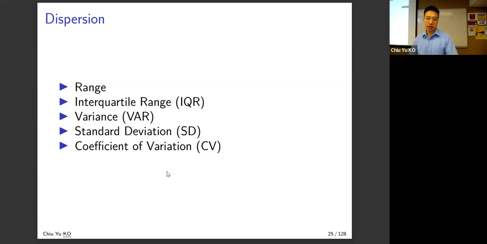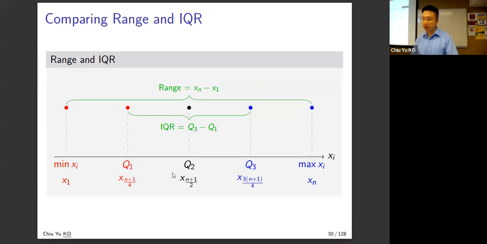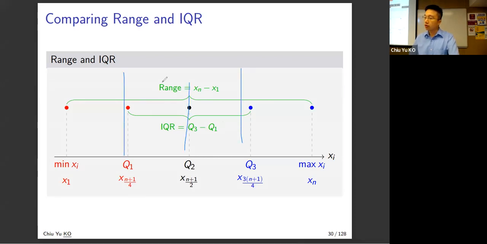The difference, notionally, will be just like this. By the math, when you cut into four parts, actually you have three cuts. The middle cut is the median, and the difference between the other two is called the IQR.